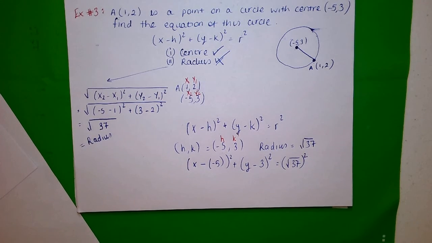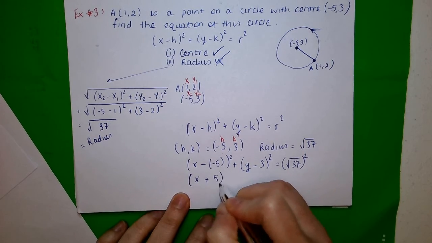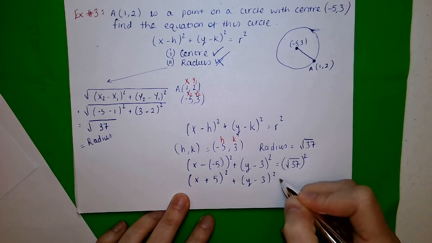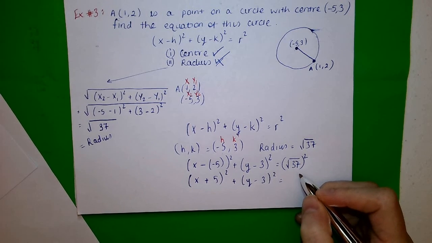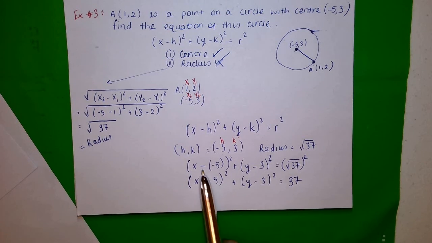When we do a little bit of tidying up, what we're left with is (x + 5)² + (y − 3)² = 37, because the square root of 37 squared is 37. Just be careful here, two minuses will give us a plus. And that's our answer.